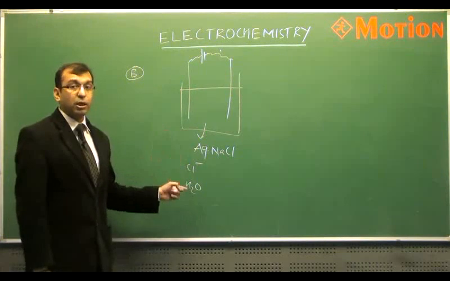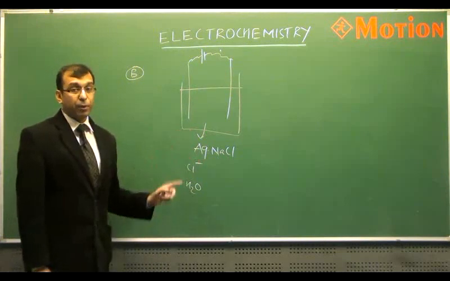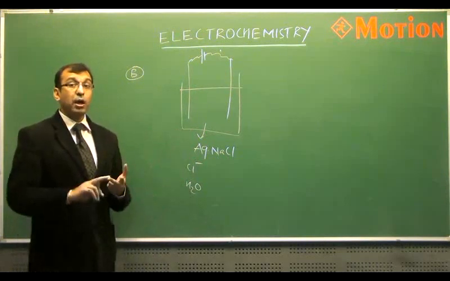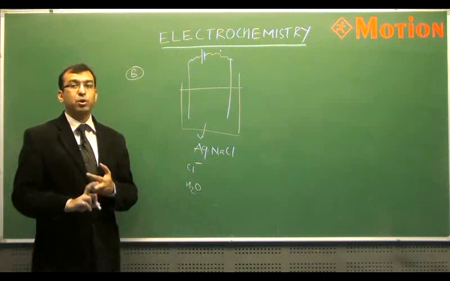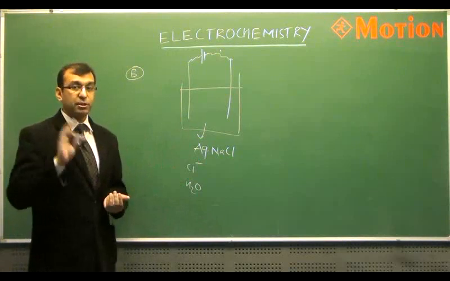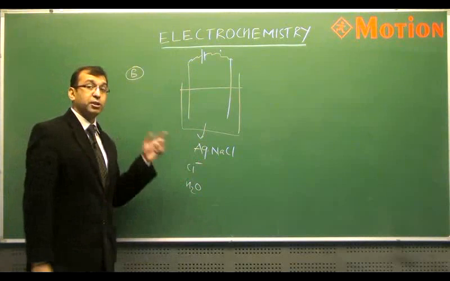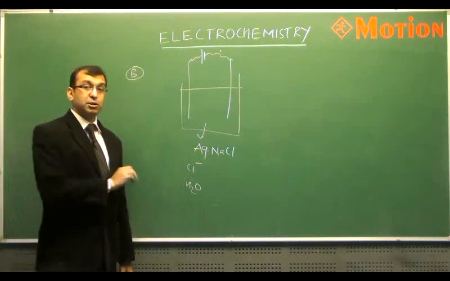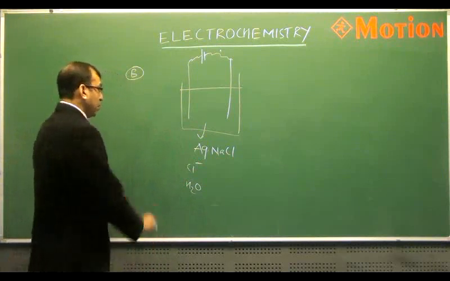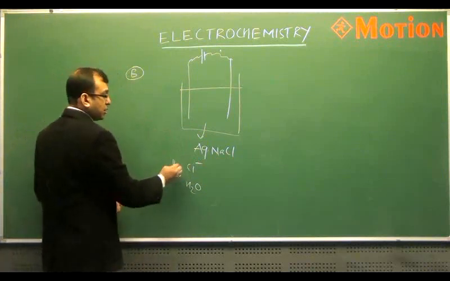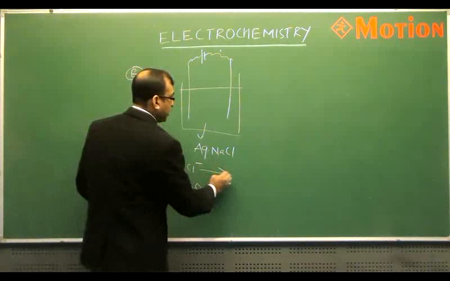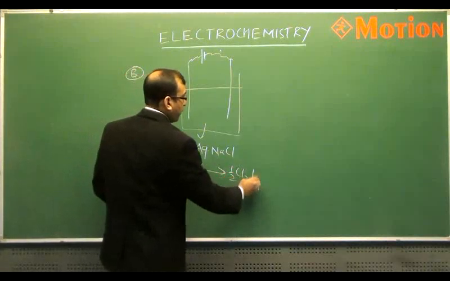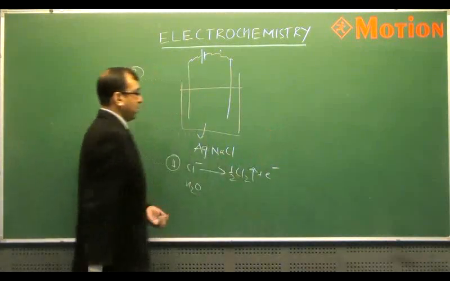Cl minus is more eligible for oxidation compared to water. Don't look at the SRP table, mind it, this is the error. You will make an error if you look at the SRP table. You need to look at the preferential discharge theory. So Cl minus would be oxidized at the anode forming half of Cl2 plus electron.